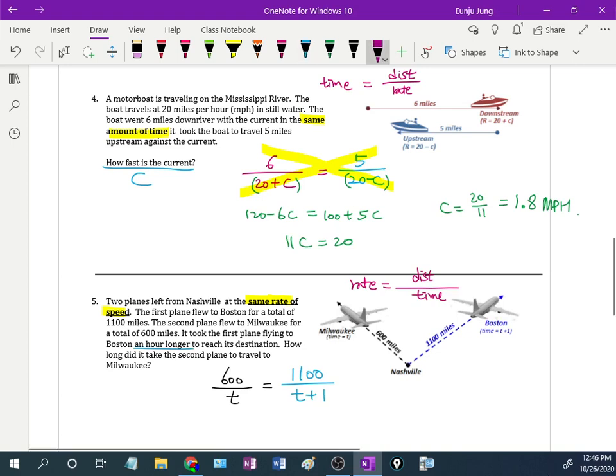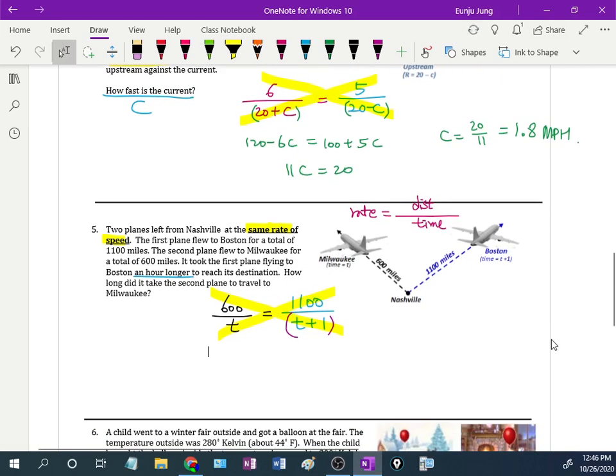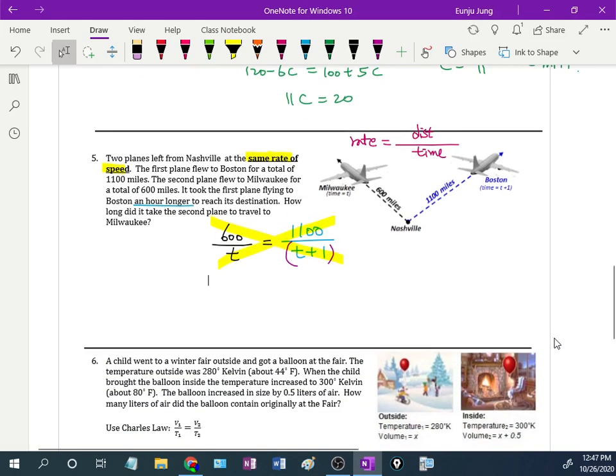For the binomial expression, we always group them and then we do cross multiplication, and we'll find the t value, which is the time, okay. When we find this time, what will be the unit for this problem? Is it hour, minute, or seconds? No, obviously hour, right? So let's use hours.